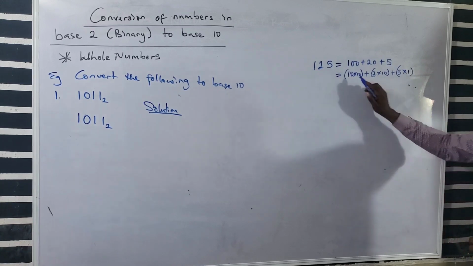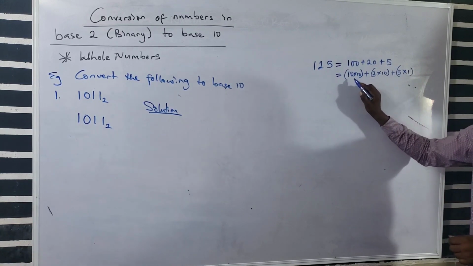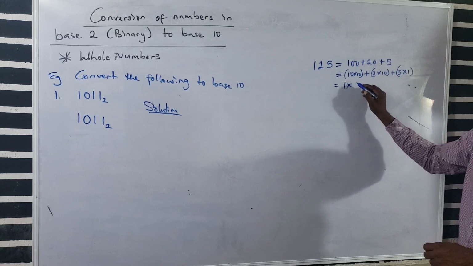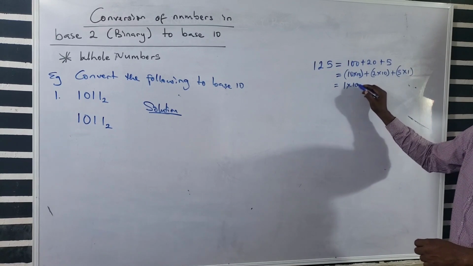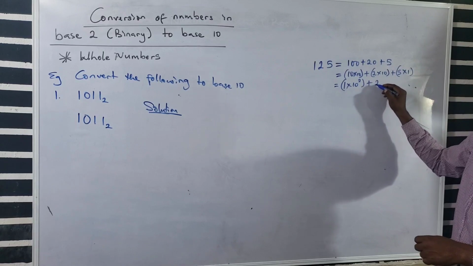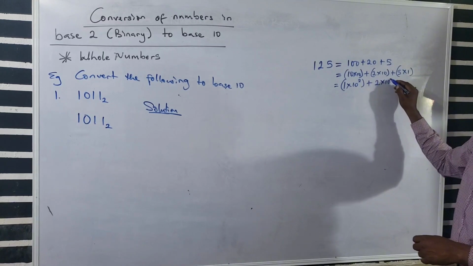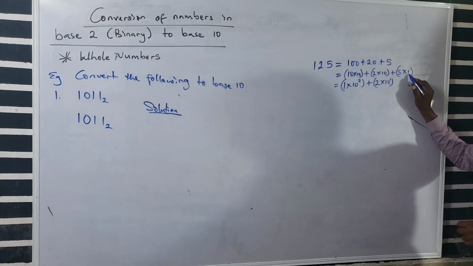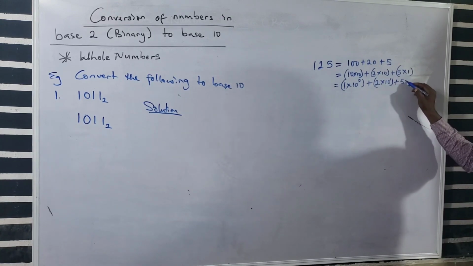This is the same thing as 1 times 10 raised to power 2 plus 2 times 10 raised to power 1, plus, of course, 5 times 10 raised to power 0.